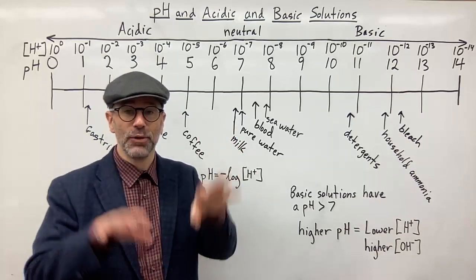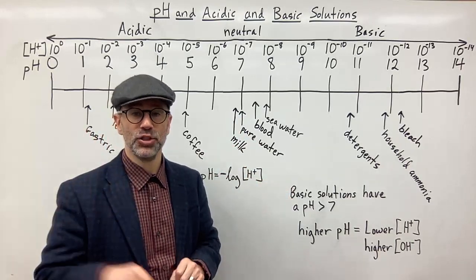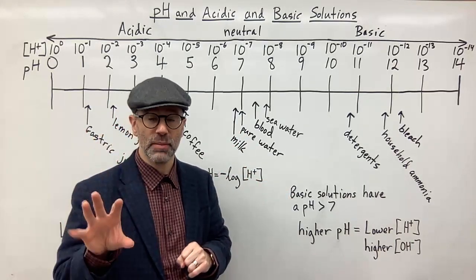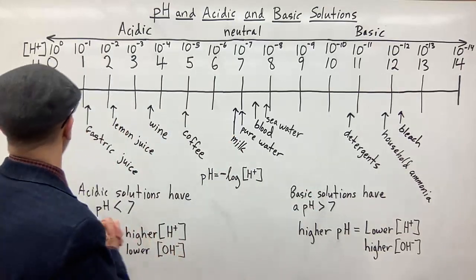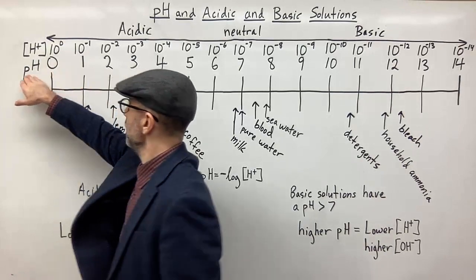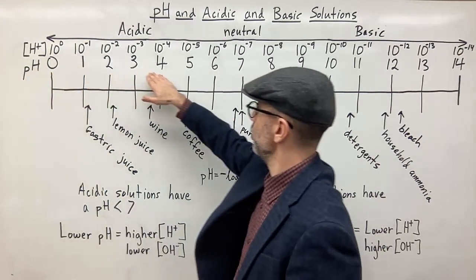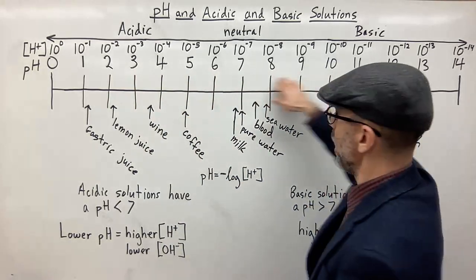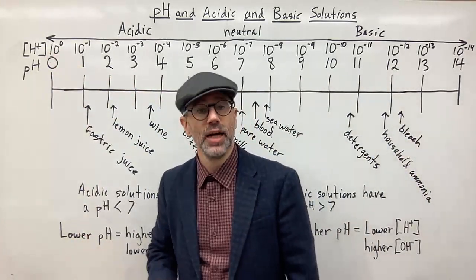But there is that relationship between the OH minus and the H plus, or in other words, your hydronium ion and your hydroxide ion. Okay, so what you can see here is on this scale, you've got pH 0, 1, 2 through 14 on the bottom. And then right above that, that's your H plus concentration.